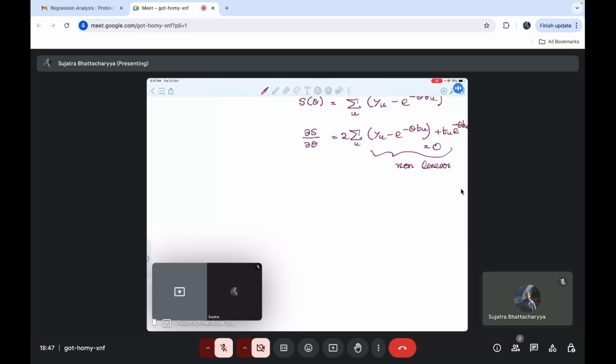Once we have done this, the question arises: whether we are trying to solve for linear models or nonlinear models, our main aim is to estimate the unknown parameters.